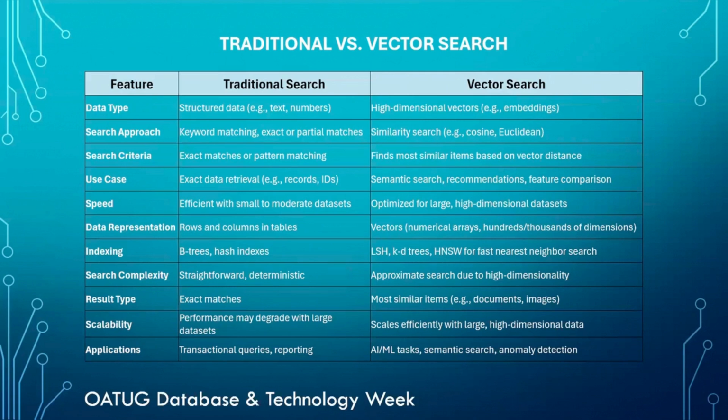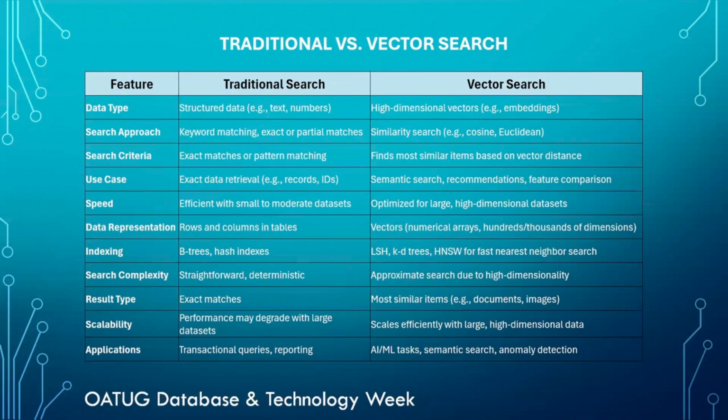Vector search can be used for high dimensional and unstructured data with millions of rows and millions of documents. Data representation in traditional search is defined in rows and columns, but in vector search the data is stored as numerical arrays, often with thousands and millions of documents and dimensions.